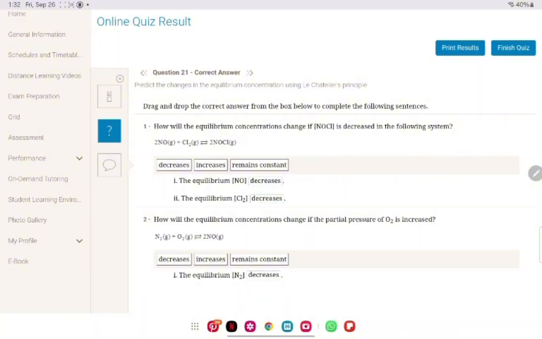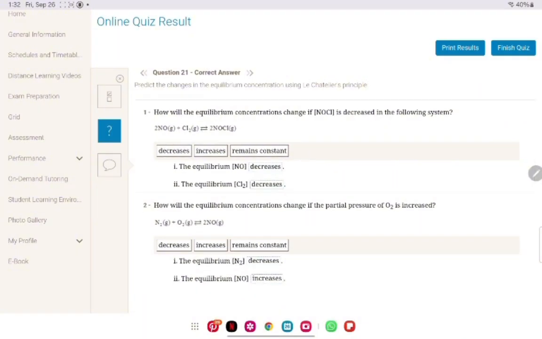Okay, part B. If they say the partial pressure of O2 is increased, the system will try to decrease the amount of O2. By decreasing the amount of O2, it will move forward, so N2 will decrease and NO will increase.